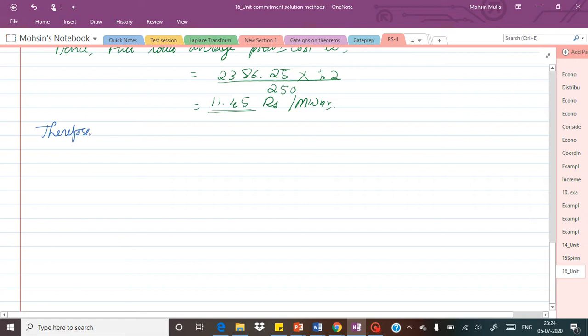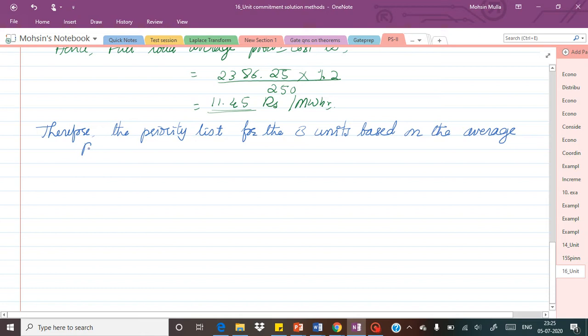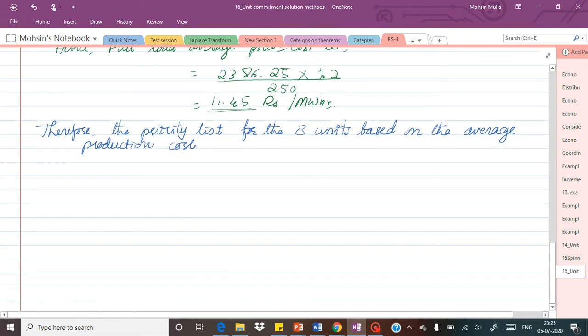Therefore, the priority list for the 3 units based on the average production cost is as follows.